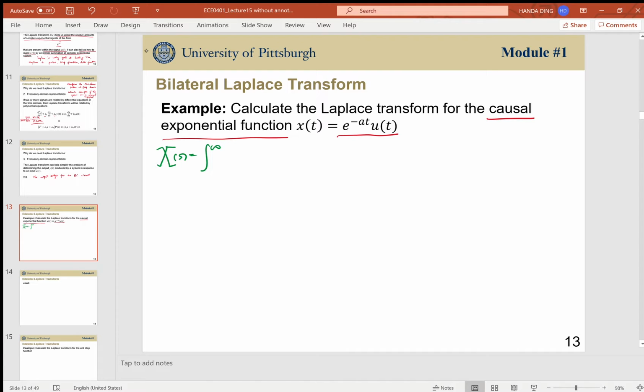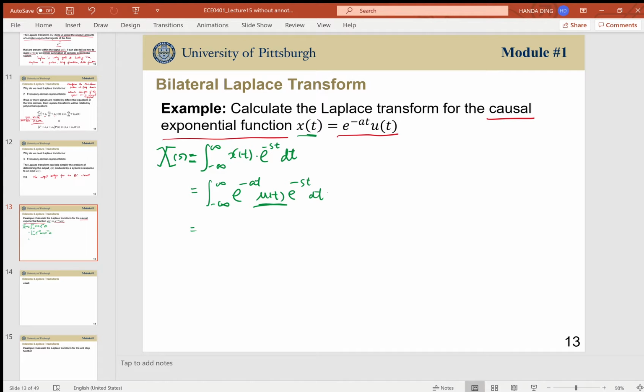Just learned. Minus infinity to infinity, x(t) e^(-st) dt, right? And we have x(t) here. Plug right in. We have e to the... sorry.